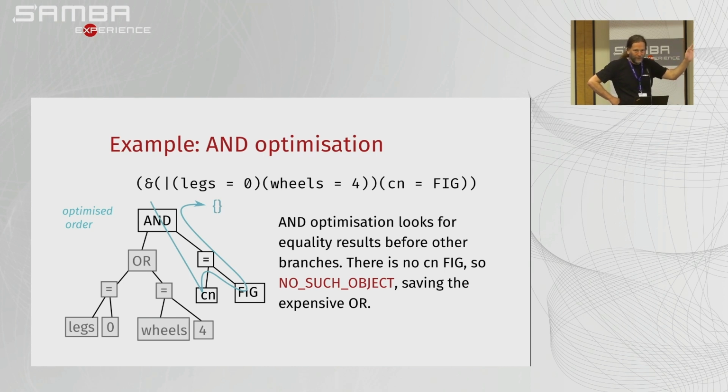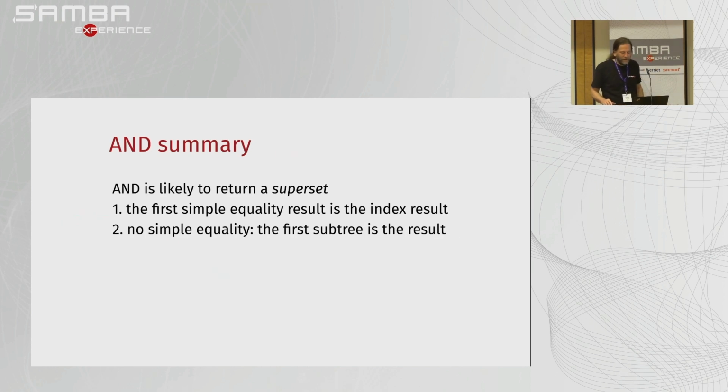The first equality is what the AND returns. So it returns a superset. The first simple equality is what it gives you. And if there's no simple equality, it goes down the first branch.